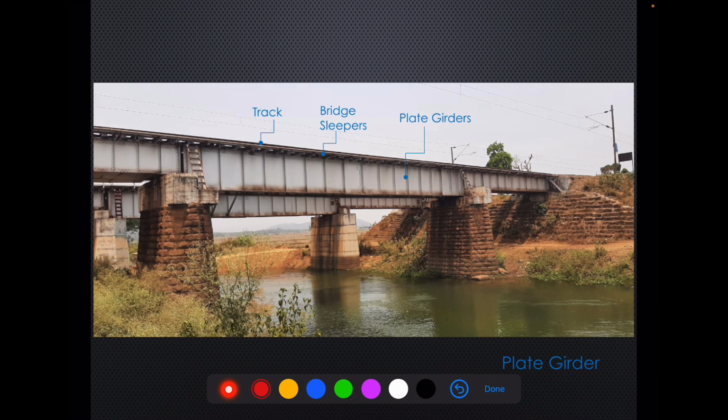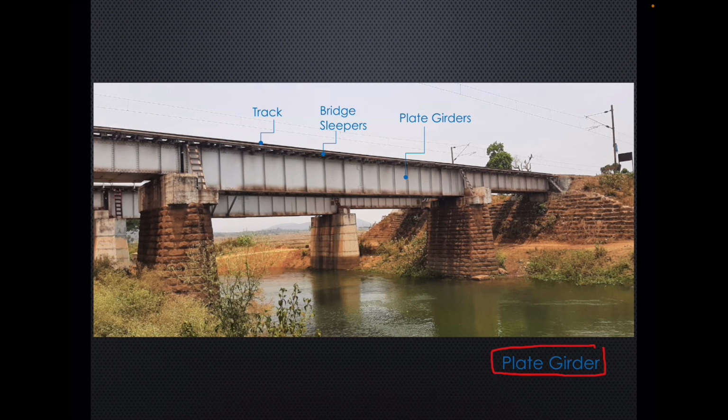Let's move on to the next type of girder. This is a very common type of plate girder. This is called plate girder. So this is nothing but basically two I sections joined together with the help of bracings, and over which sleepers, channel sleepers or H-beam sleepers, whatever they are, basically steel bridge sleepers are provided, and over which rails are provided.